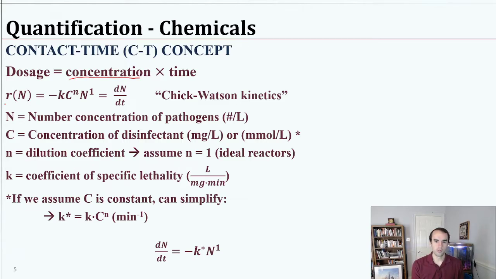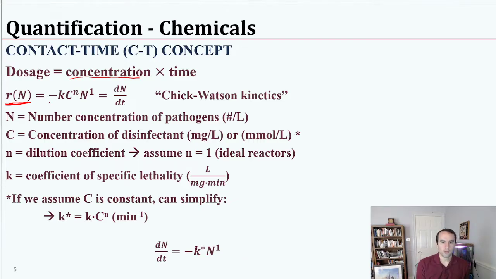So the rate at which N changes, N being the pathogen concentration, is going to be equal to negative K times the concentration of chlorine, or of your disinfectant, times the number concentration of pathogens. So this is our dN/dt, and this is what we call the Chick-Watson kinetics.